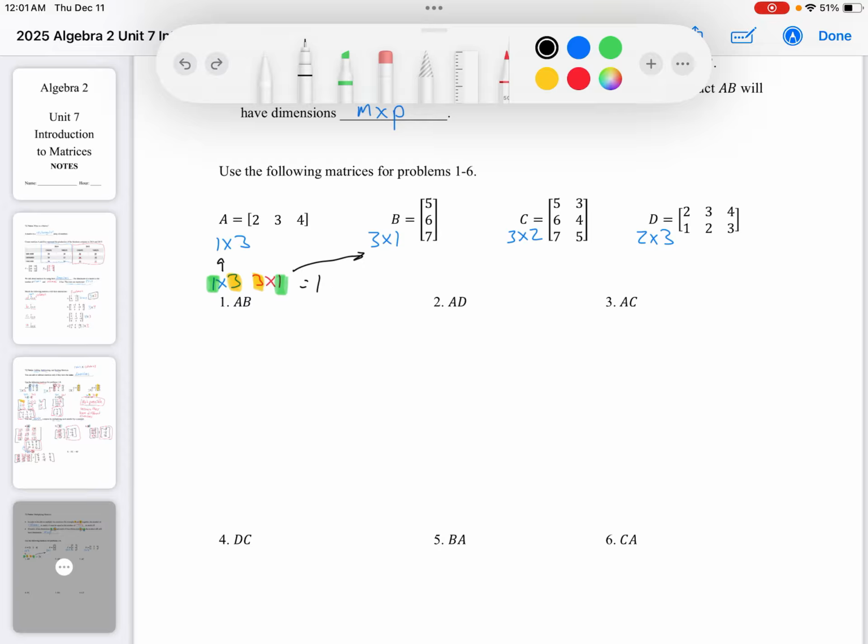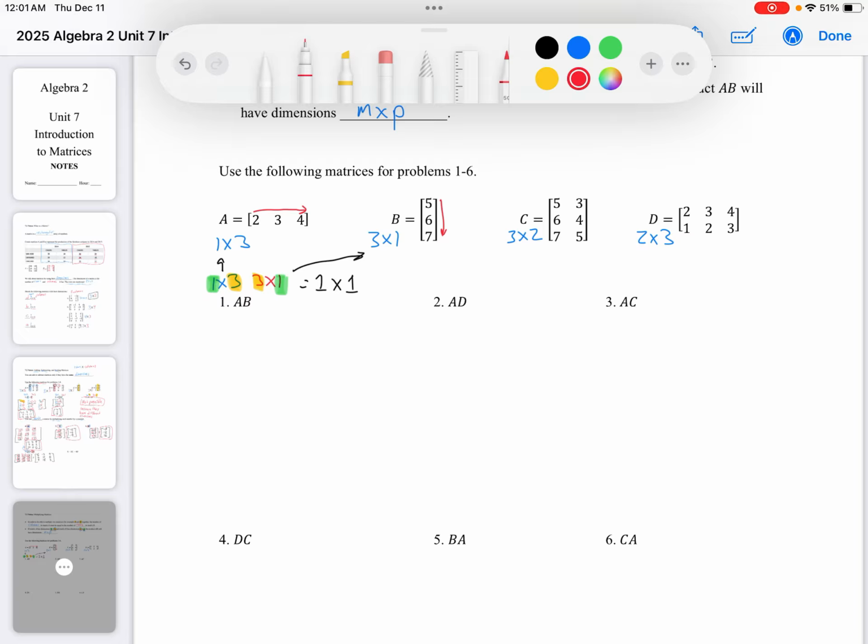Let me see if I can make that more clear. It looks kind of like an absolute value. This should be a 1 by 1 matrix when I'm done. So let's see how we can get this product. When we are multiplying matrices, we multiply the numbers in the row of the first matrix times the numbers in the column of the second matrix.